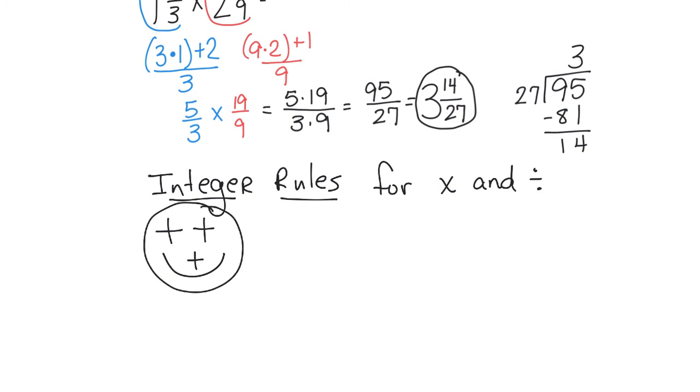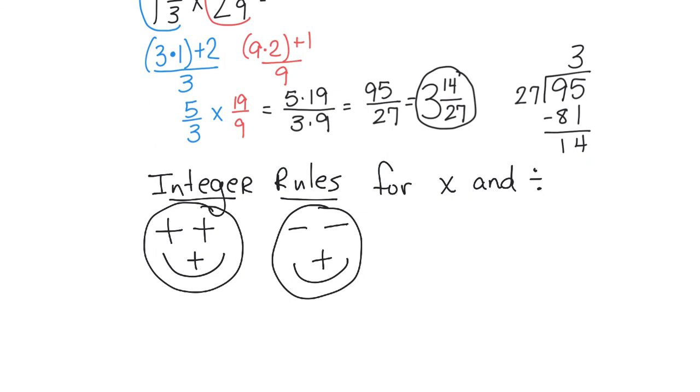So it doesn't matter if I have a positive times a positive, my answer is going to be positive. If I have a positive divided by a positive, my answer is going to be positive. If I have two negatives, I'm happy, and my answer is going to be positive. So it doesn't matter if I am multiplying those two negatives or if I'm dividing those two negatives.